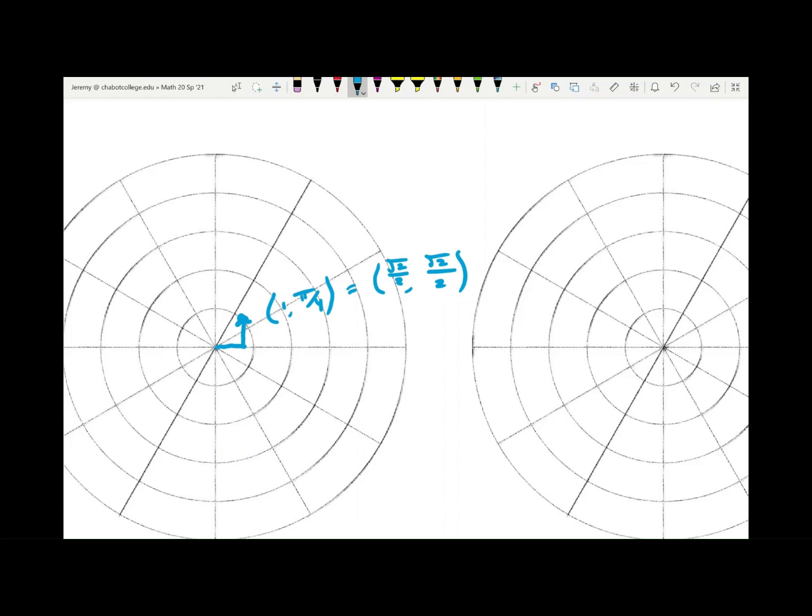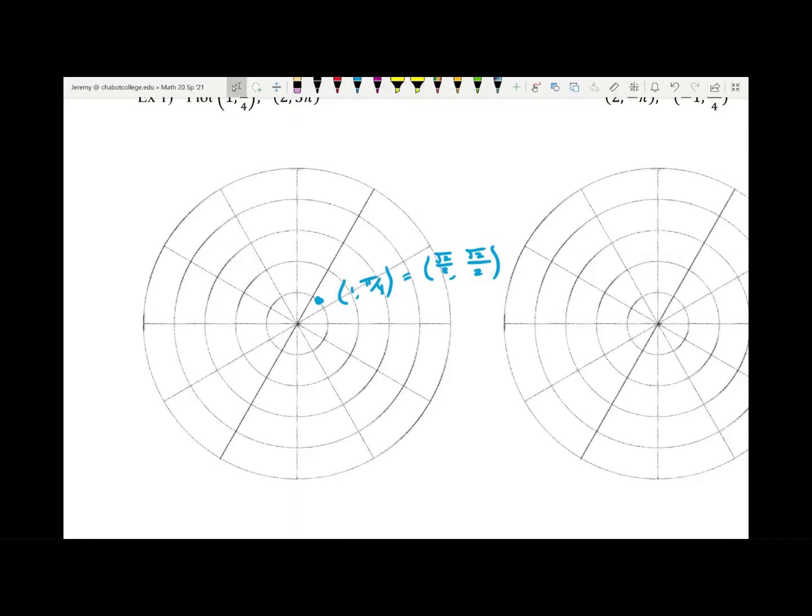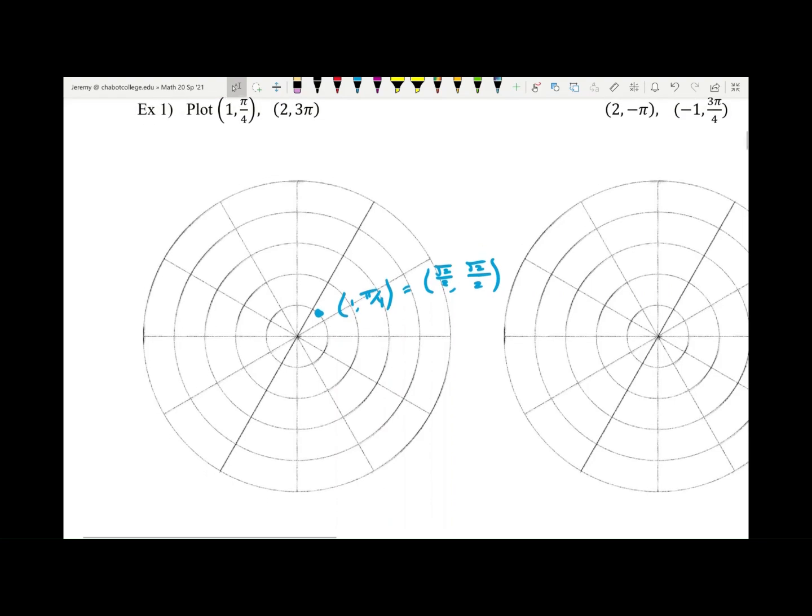See how I can reduce this to a right triangle problem? This is a 45, 45, 90 right triangle. So I could solve for those two side lengths. That's root 2 over 2, and that's root 2 over 2. We're going to talk more about that in a second as well, but I just wanted to point out, the polar coordinate system is just an alternative to representing position in the two-dimensional plane. It's an alternative to the x and y coordinate. We can also use r and theta.